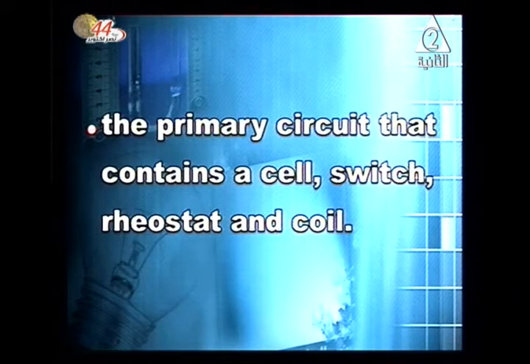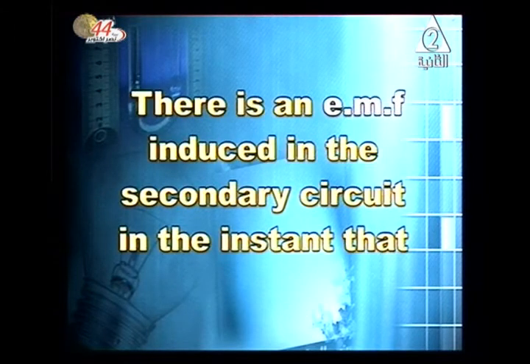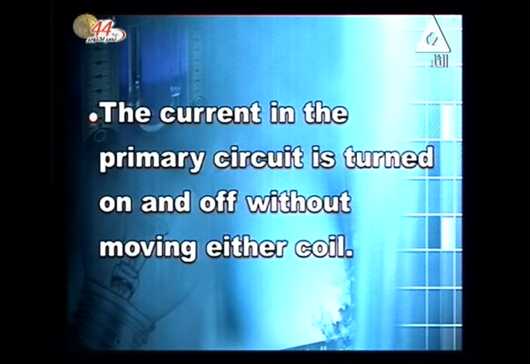The primary circuit, as I said, consists of a cell, a switch, rheostat, and coil. The secondary circuit consists of a coil of wider area and greater number of turns, connected to a center zero galvanometer. There is an EMF induced in the secondary circuit in the instant that the current in the primary circuit is turned on and off without moving either coil.